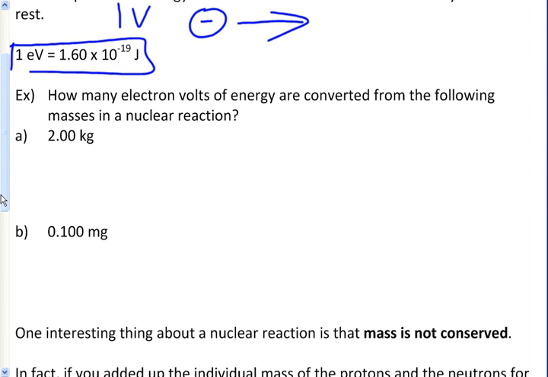This question says, how many electron volts of energy are converted from the following masses in a nuclear reaction? So you get a bunch of nuclear reactions happening, and in the end, you have changed 2 kilograms of mass into pure energy. So in order to find out the amount of energy that you get from this, you're just going to use E equals mc squared. The energy from 2 kilograms of mass times the speed of light squared.